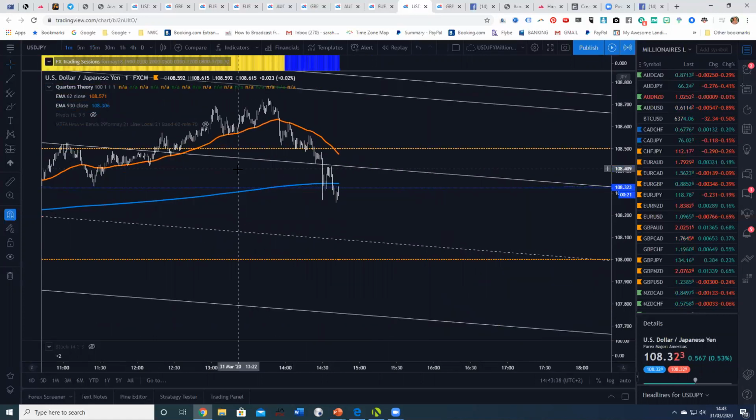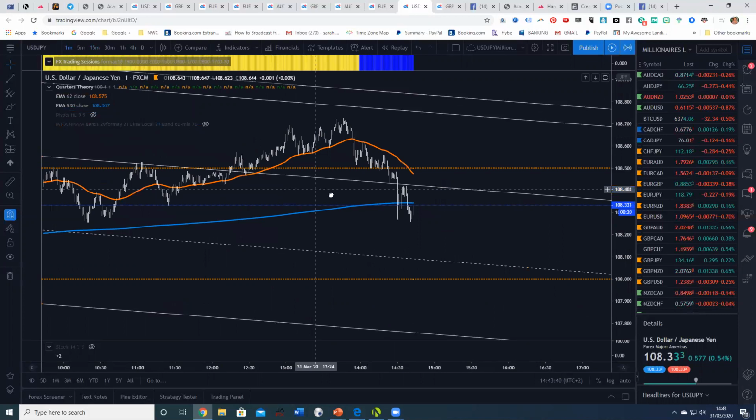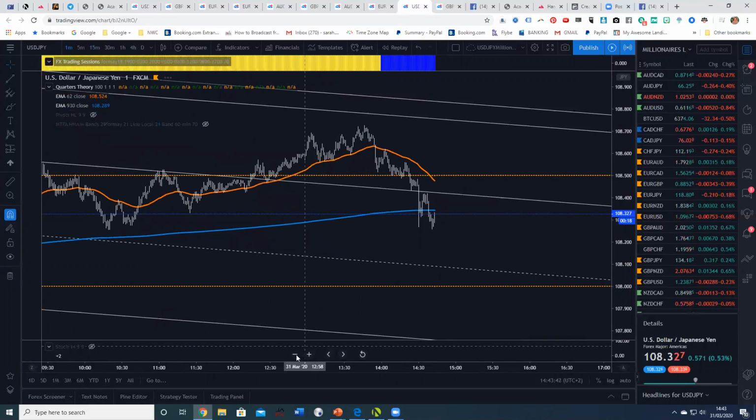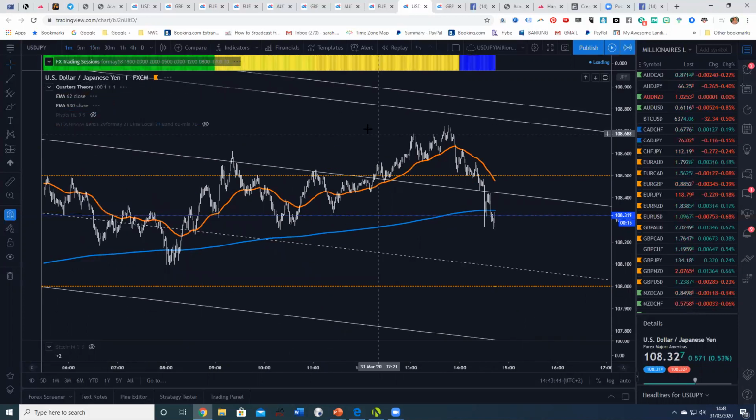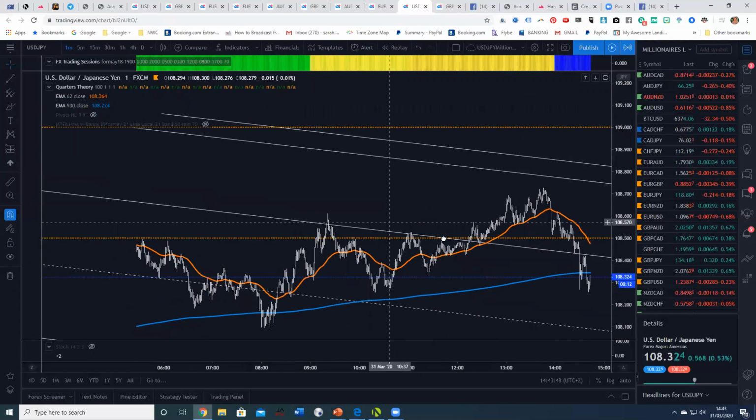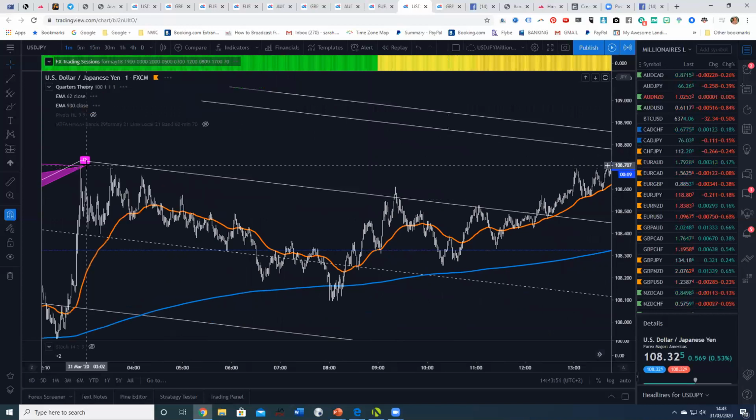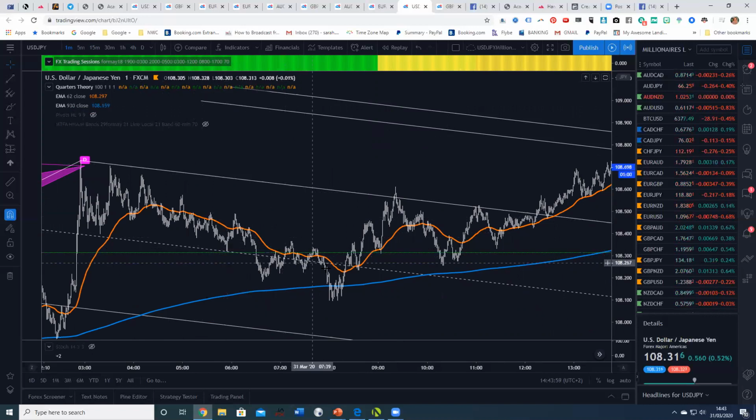And what have we got here? Well, this is quite nice because we had that break, the break and the retest of that D point there. And you can see, to the pip, it came down to the next pitchfork. It stayed under the 62.